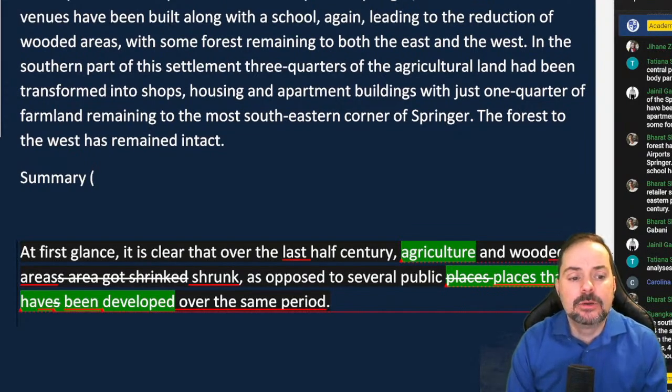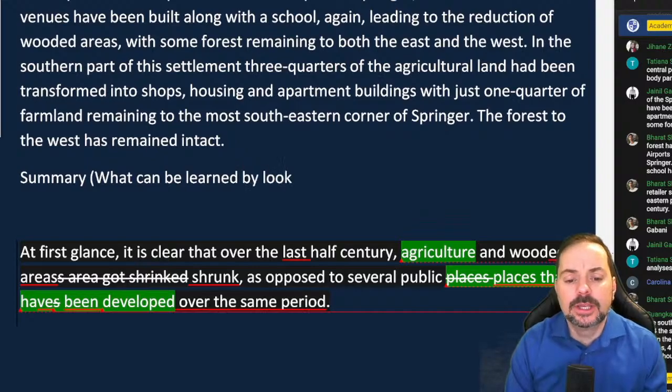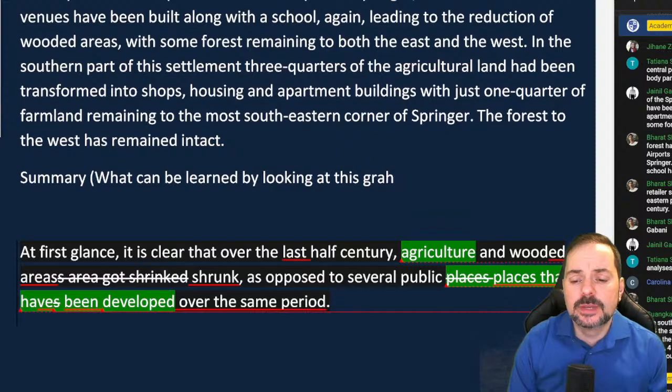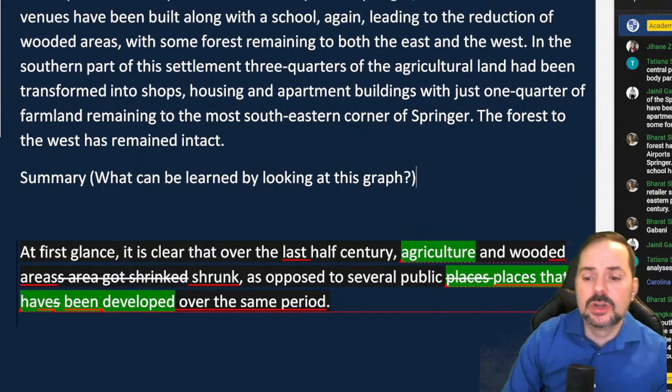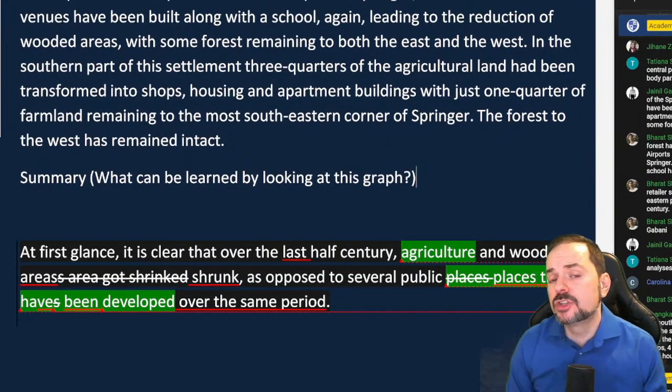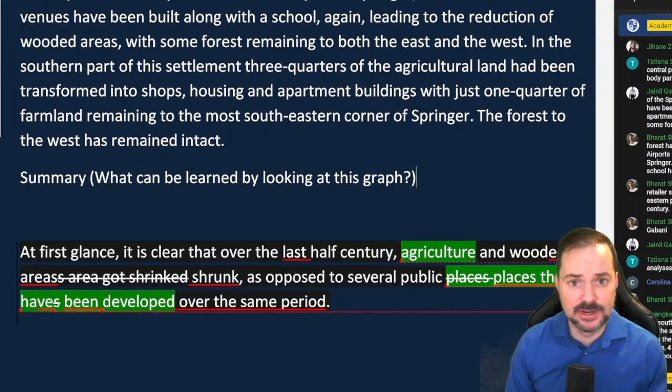So think about what can be learned by looking at this graph, right? It's not just a repeat of your introduction, and it's not a conclusion because you're not assuming anything, you're not inferring anything. It's just something that's very, very evident, okay?